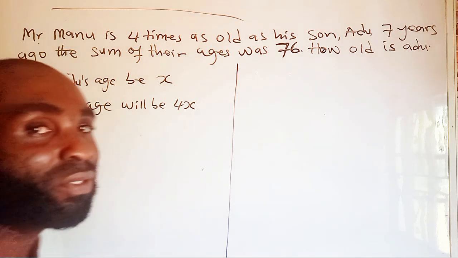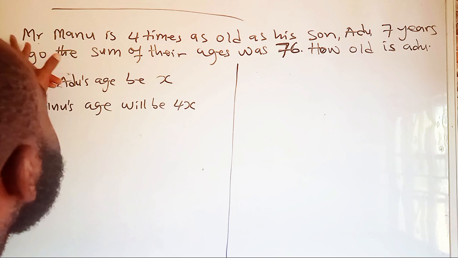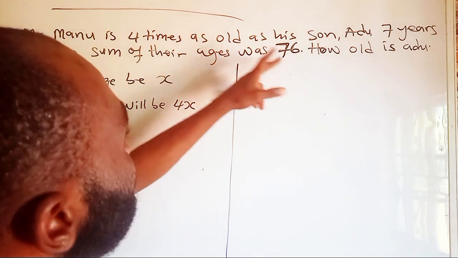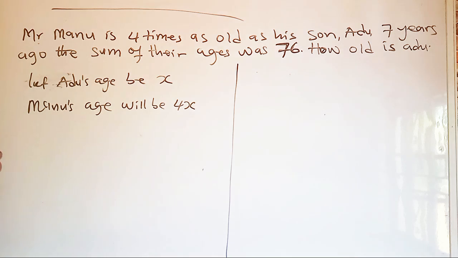That is the first thing you need to point out from the question. That is, Mr. Manu is 4 times as old as his son. That is the first part of the question. So the son's age is X, which means Manu's age will be 4 times X.